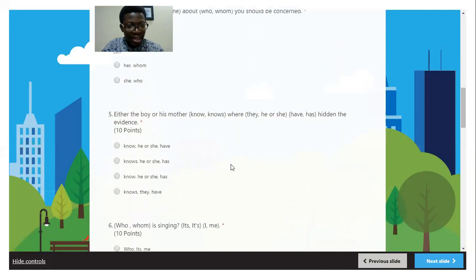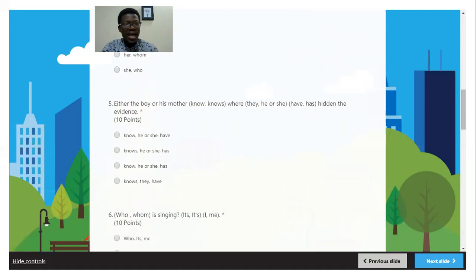All right. And then the number 5 question, it says, either the boy or his mother know or knows what he or she has hidden in the evidence. So either the boy or his mother, either or, what do? You know what? Remember, you simply do what? You go for the last subject mentioned. All right, so either the boy or his mother.